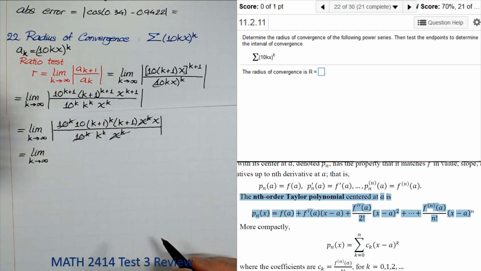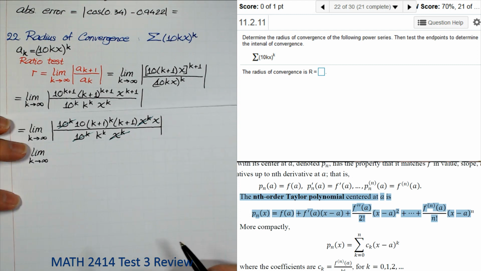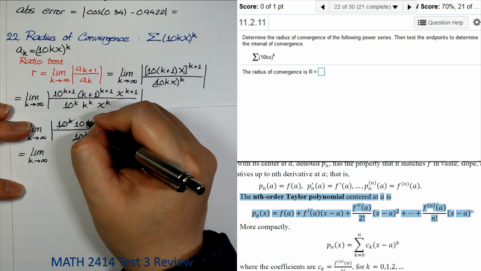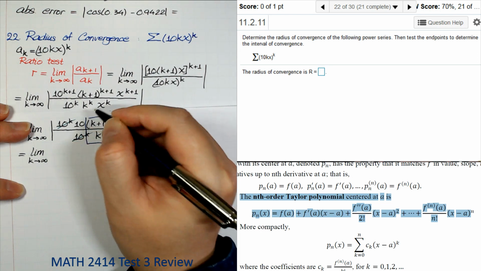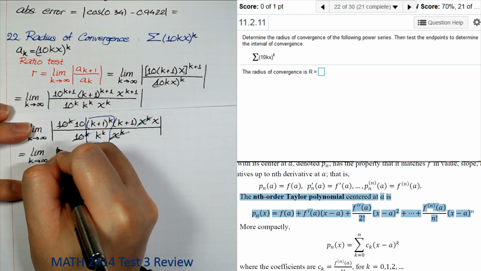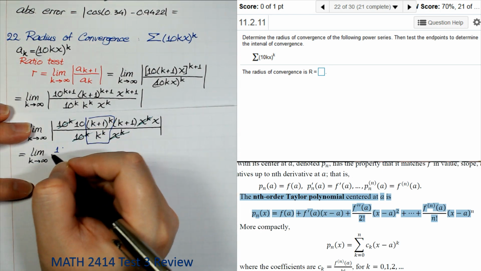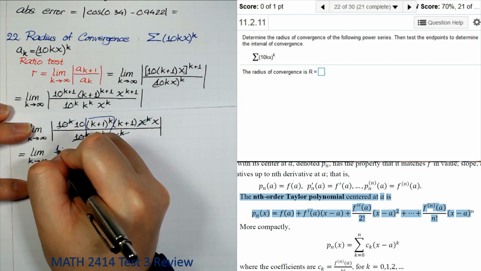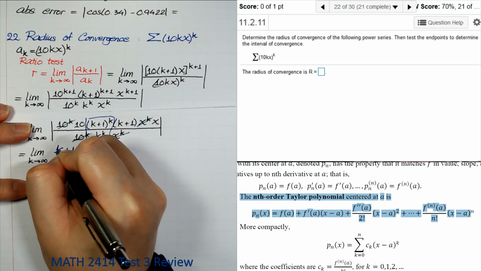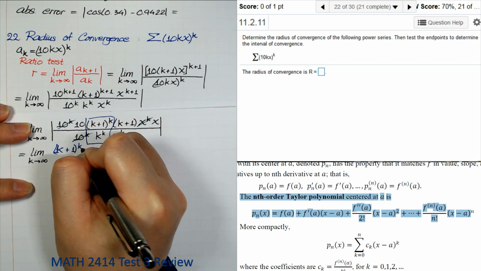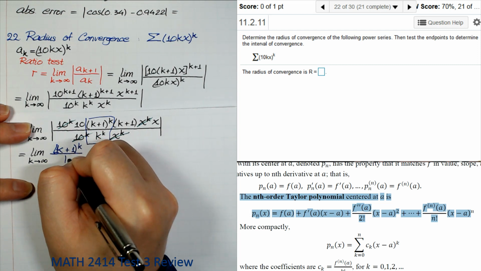Right, let's try to. First of all, the absolute values is not necessary since all of these are positive. I put this together. K plus 1 to k over k factorial.